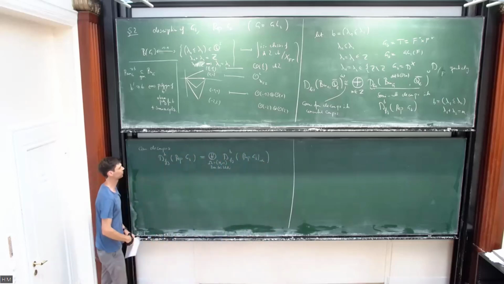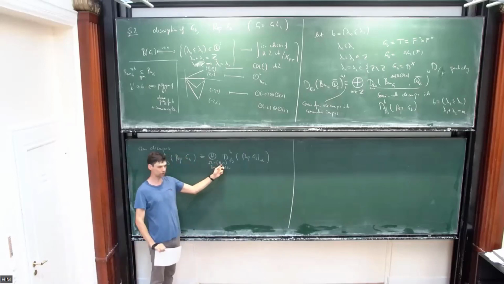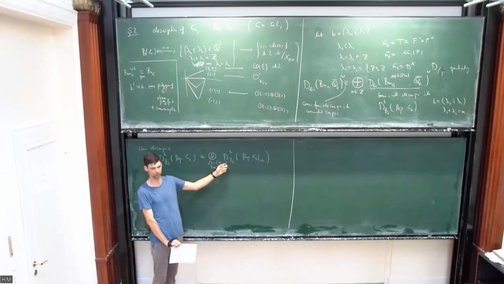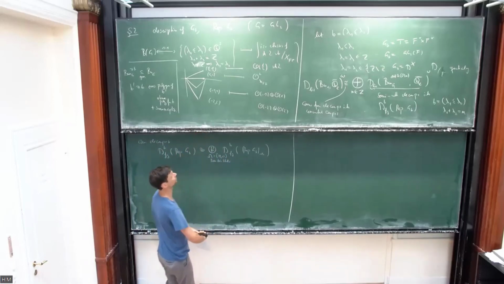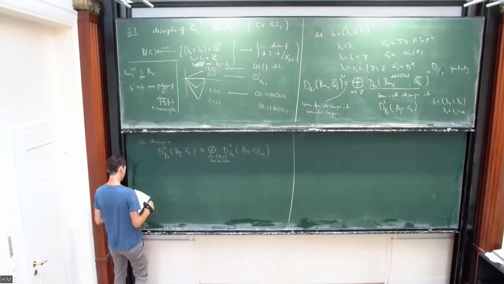So that's just the decomposition into Bernstein blocks. They're indexed as usual by inertial conjugacy classes of Levi subgroups of G_B and supercuspidal representations of that Levi. Okay, so let's figure out what this looks like in all the three cases of B that we have.